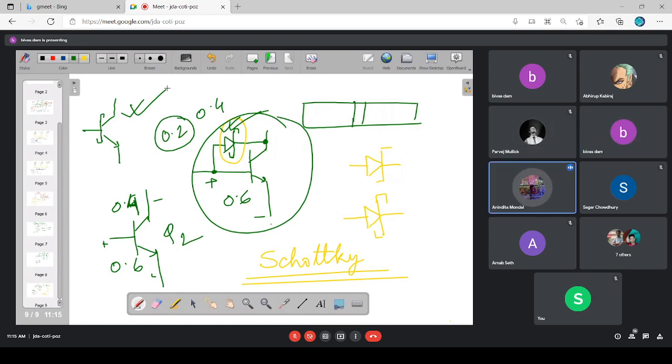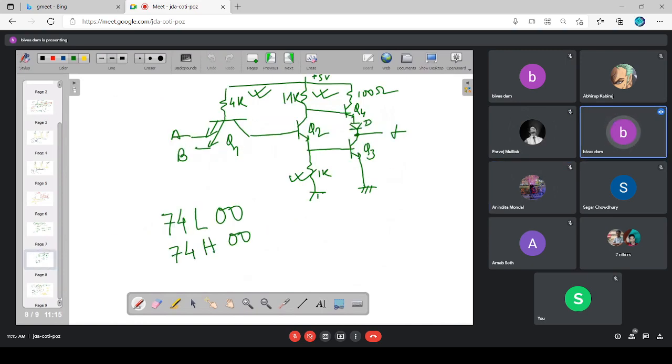Yes, sir. So now here, if I replace this transistor Q2 by a Schottky transistor, Q3 by a Schottky transistor, and Q4 also by a Schottky transistor, in that case I can ensure that the propagation delay involved in this TTL gate will be greatly improved.